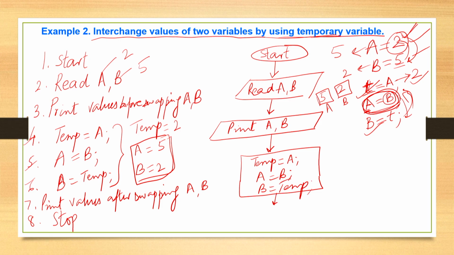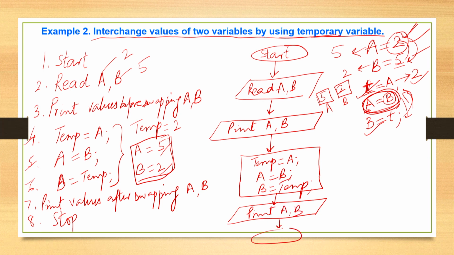So TMP is equal to A. What value is going to be stored here? 2. Then A is equal to B. What is the value which is going to be stored in A? 5. And then B is equal to TMP. It is going to store what? 2. Then print the values after swapping.